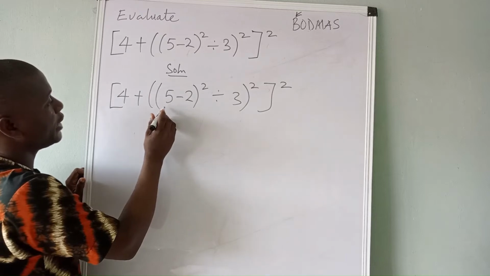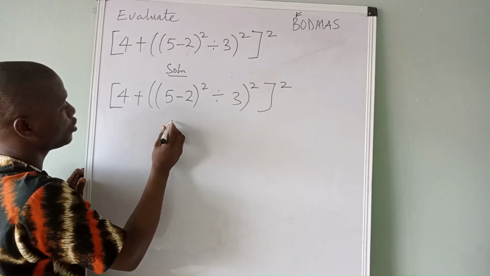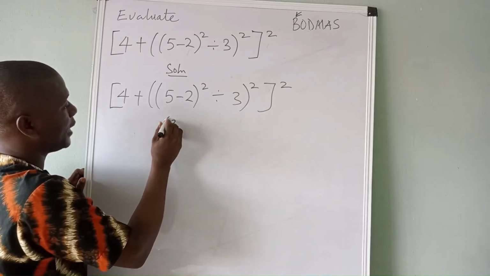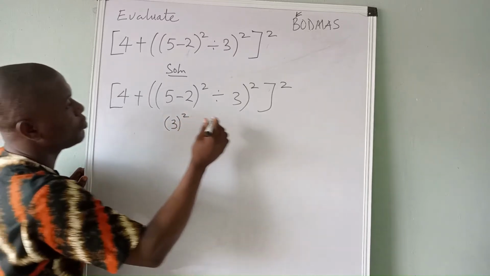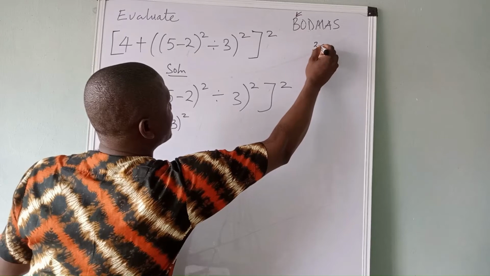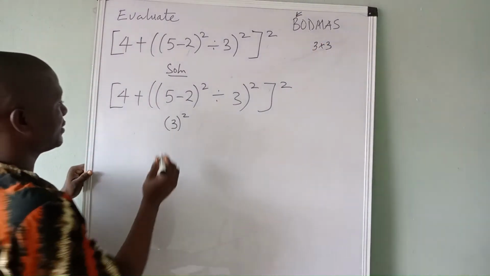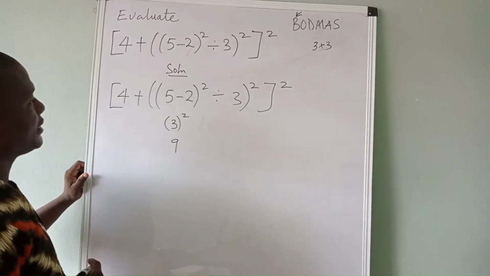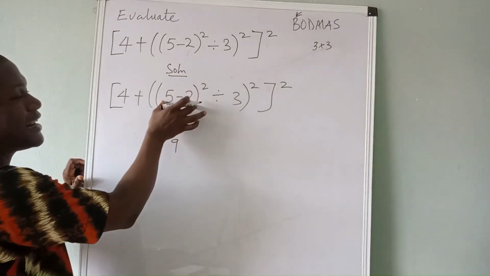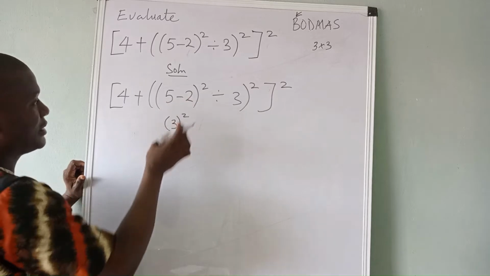So if you look here, you have 5 minus 2, which is 3, and you have squared. 3 raised to the power 2 is the same as 3 times 3, which is 9. So we have 9 as our answer here. So we've resolved the most internal bracket.